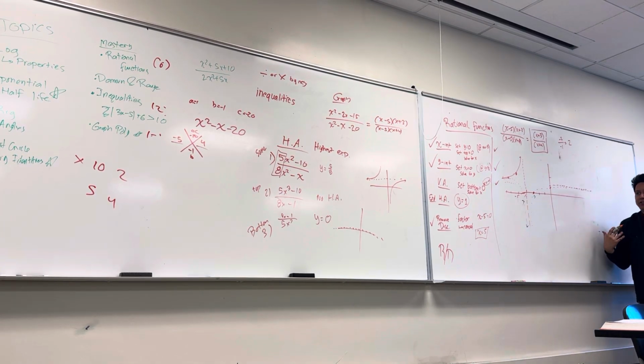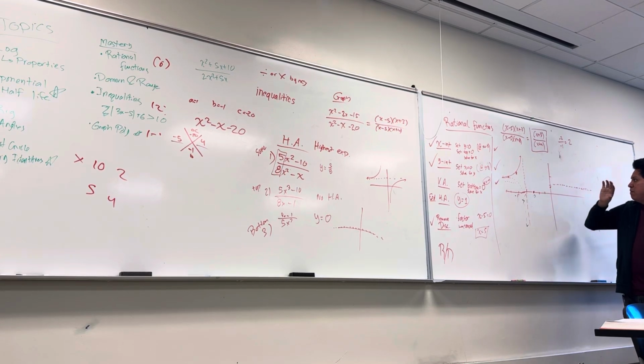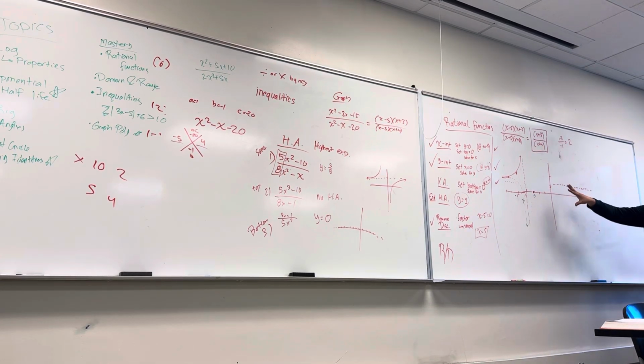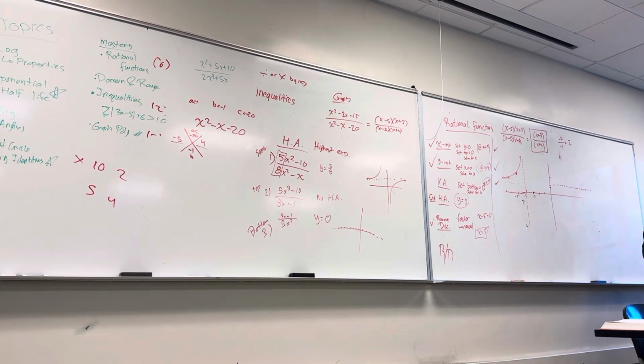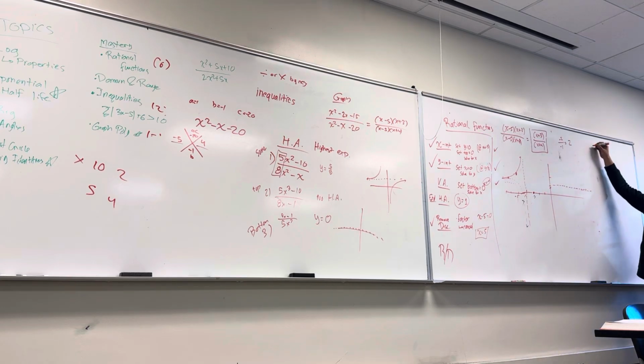But if we're ever not sure, we're always allowed to plug in a number to be safe, right? So what number do we want to plug in? Let's say that we don't know that it has that shape. What can we plug in to find out? -1. Let's plug in -1. That's a good one because we know it's going to be somewhere here in the middle. So what's that going to give me if I plug in a -1?